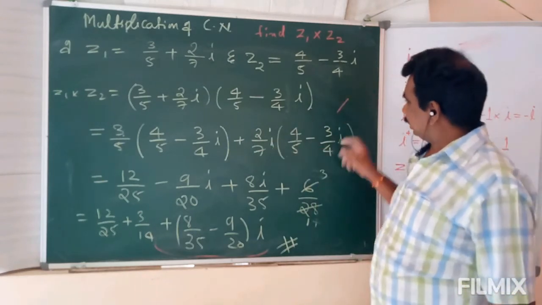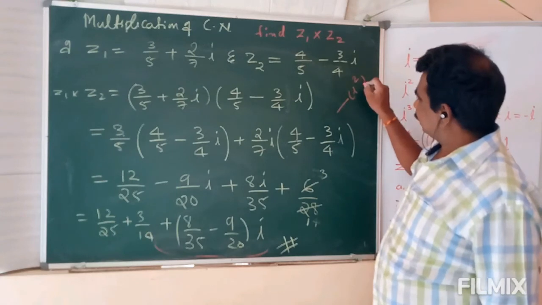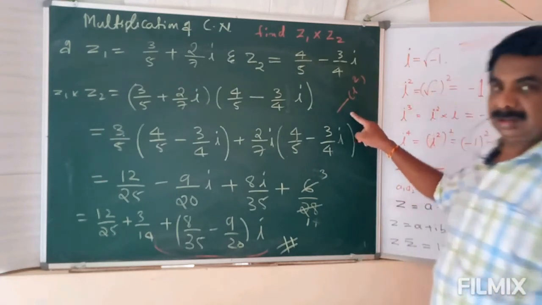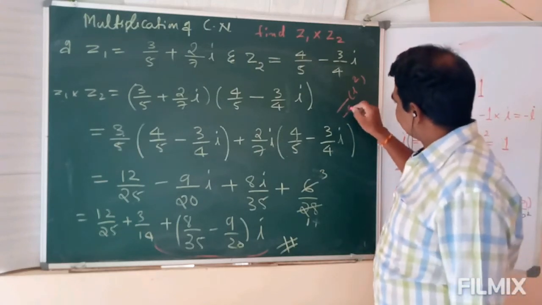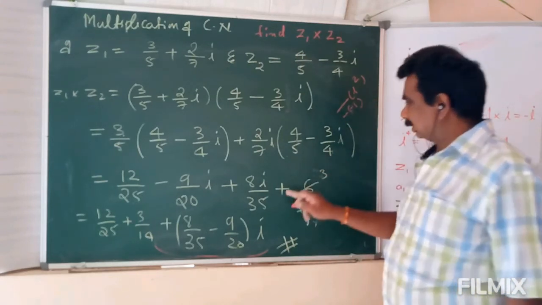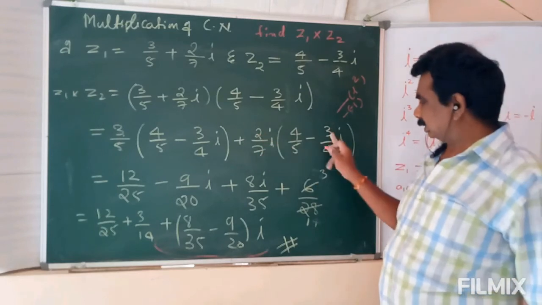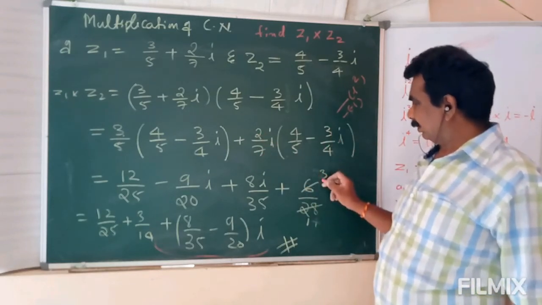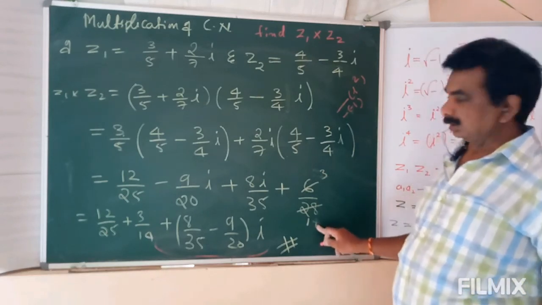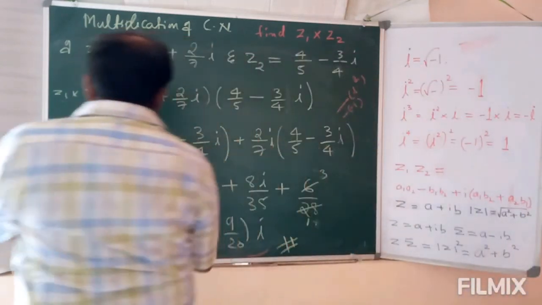i into i is i square. What is i square? Minus 1. Minus of minus 1, minus into minus is plus, 2 into 3 is 6, 7 into 4 is 28, which is 3 by 14. That is 12 by 25.